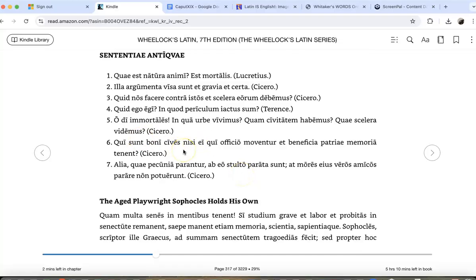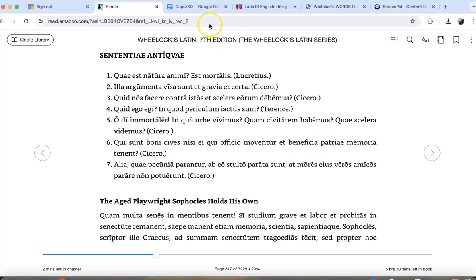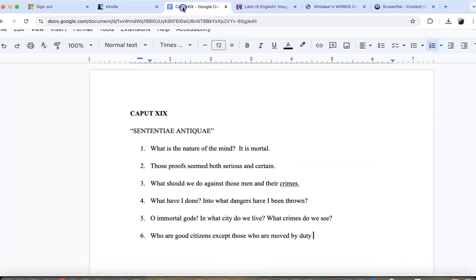So who are those who are good citizens except those who are moved by duty? And this could mean retain or even keep. And keep and retain by memory the benefits of the fatherland. So this one's a little bit trickier to translate. So let me give my translation, then I'll try to explain it here.